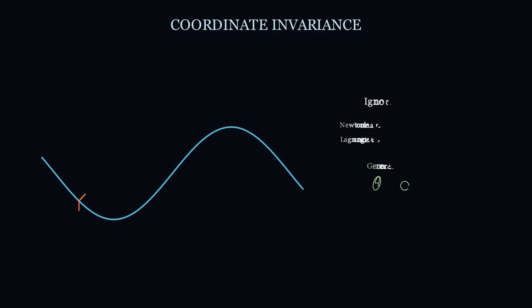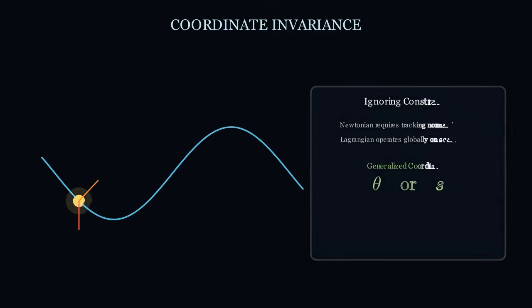But how does this mathematical landscape help us solve complex systems that Newton's equations struggle to calculate? In Newtonian mechanics, if a bead is sliding on a curved wire, you must calculate the normal constraint force exerted by the wire at every point. With the Lagrangian, we can ignore these constraint forces completely. Because energy is a scalar quantity, it does not care about the orientation of your coordinate axes.